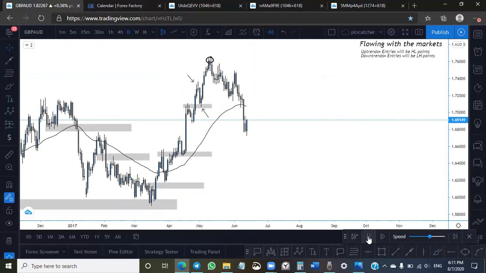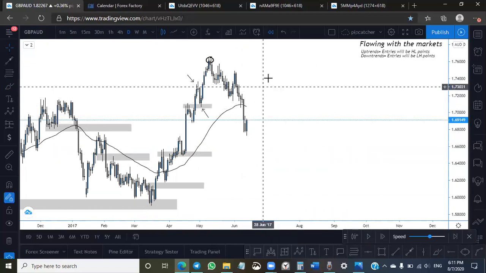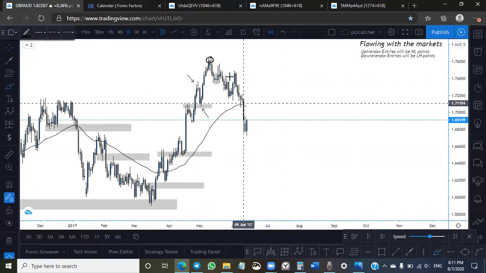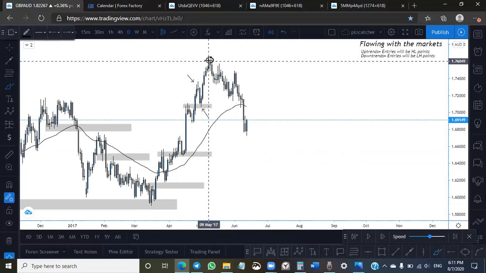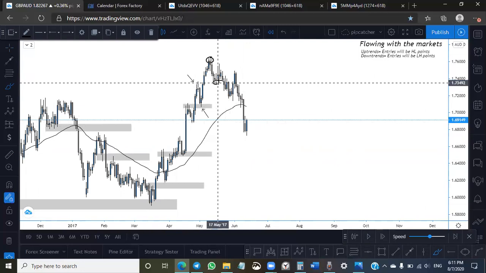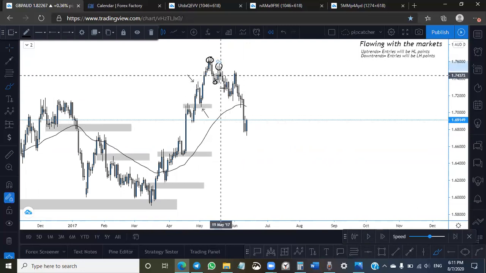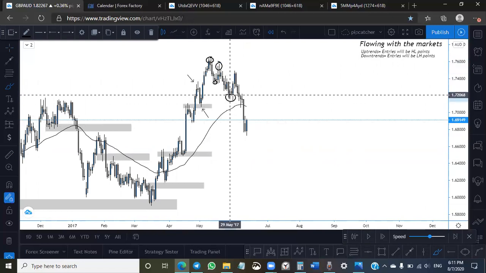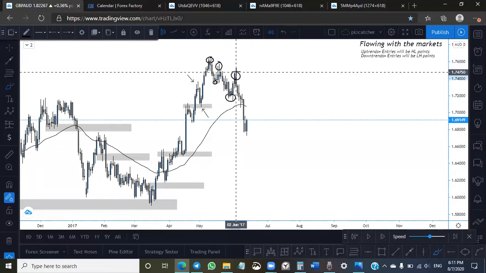Okay, so here is this impulse. This is a strong indication that now this might be a shift in structure, a change in sentiment. But look, another thing to notice is now we have a high, a lower low, and then a lower high.